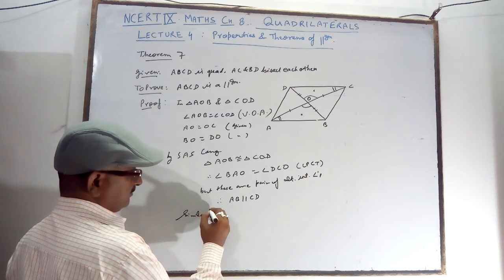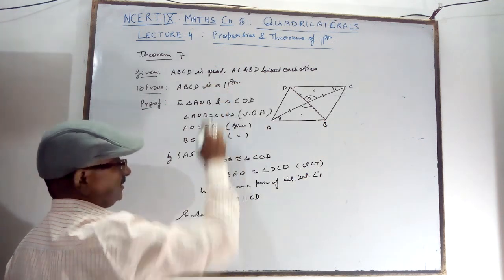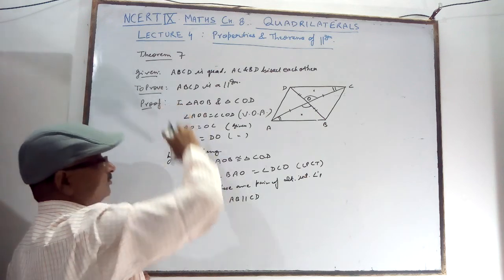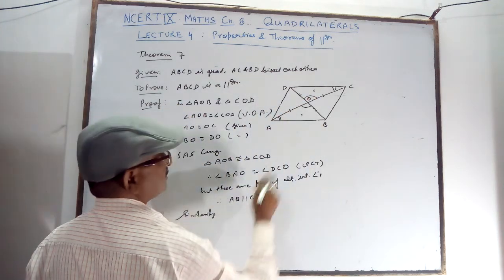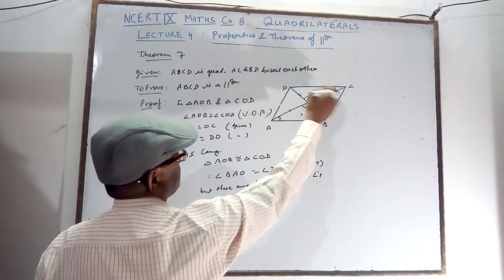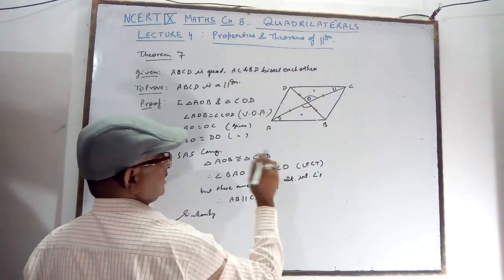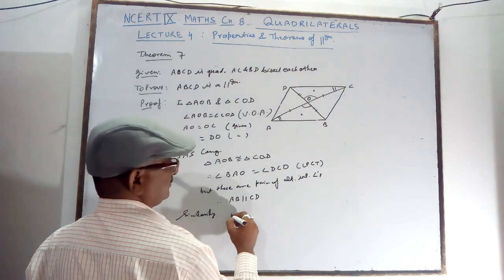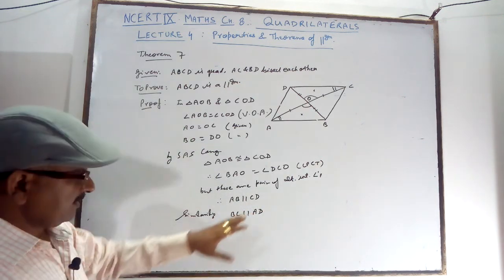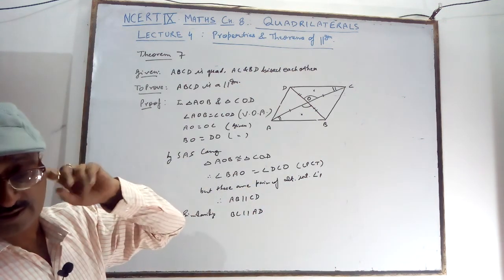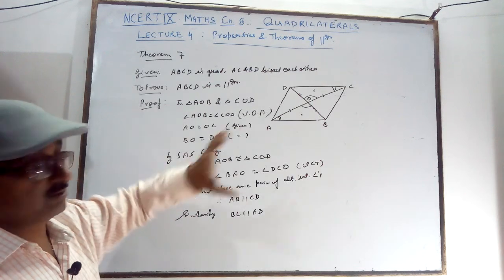Similarly, the same process you have done from here to here, in this line to this line, you have done for these two. Triangle BOC is congruent to DOA and then BC is parallel to AD. You can prove it. If any pair of alternate interior angles are equal, then the lines are parallel.